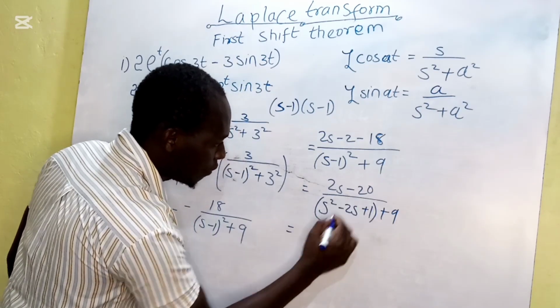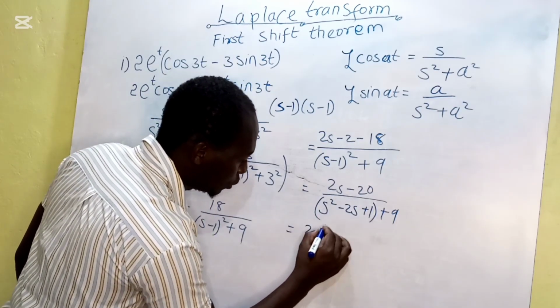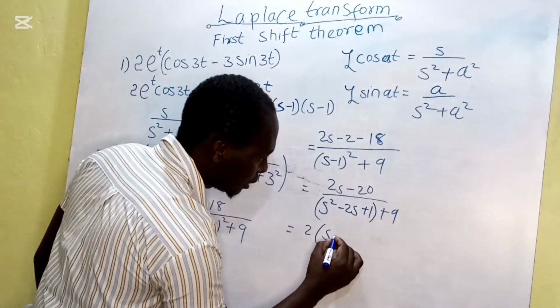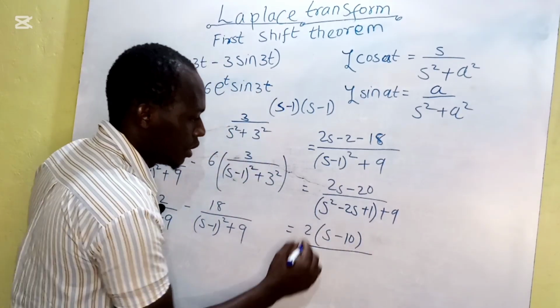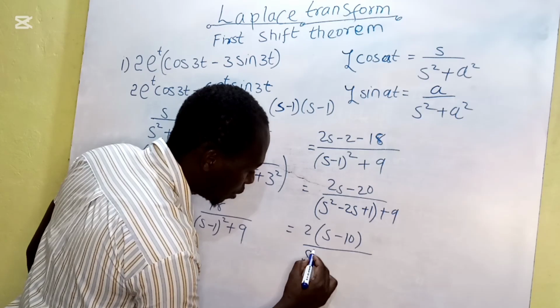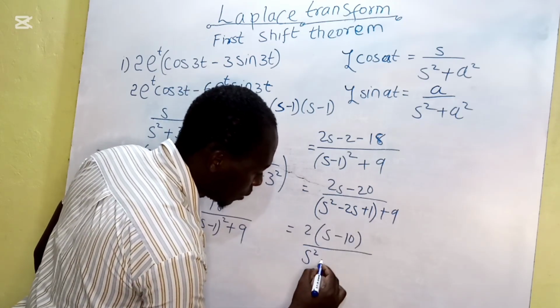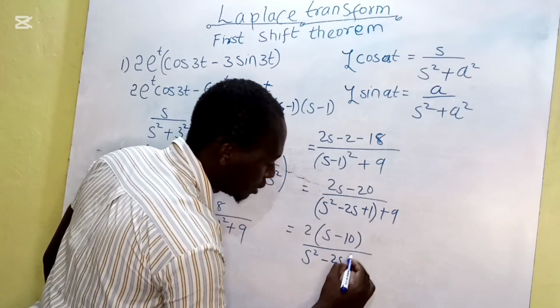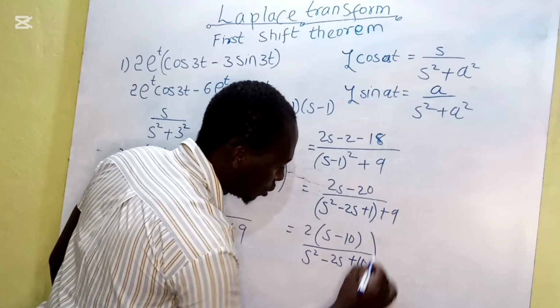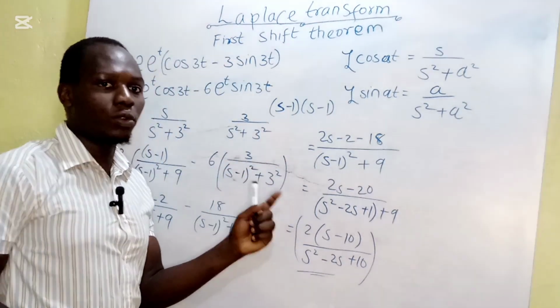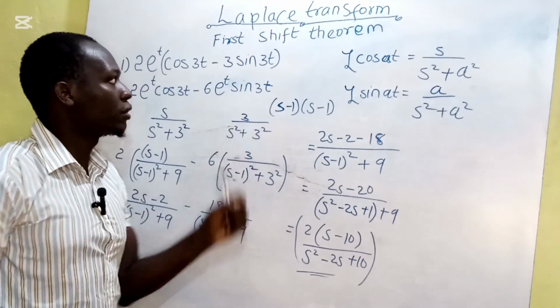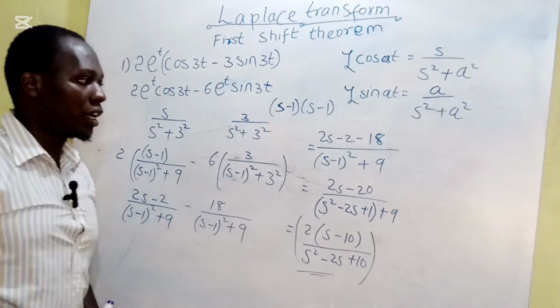To mean that our final answer, we are going to have 2 into s, on the numerator, we subtract from 10 all over, on the denominator, s squared, we subtract from 2s, we add to 10 as our answer. And this is how you go about finding the first shift theorem of a function like this one.